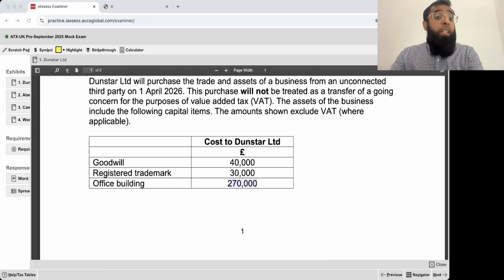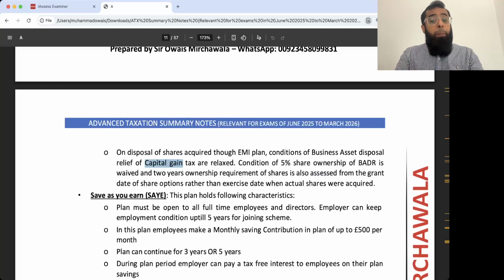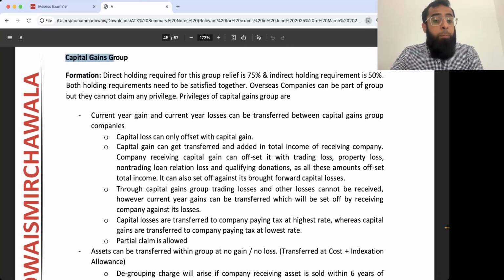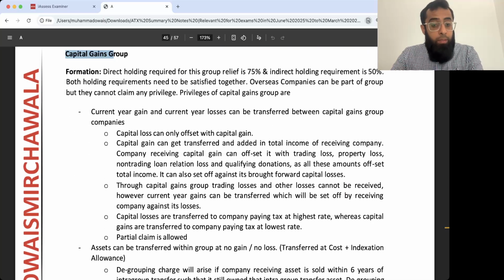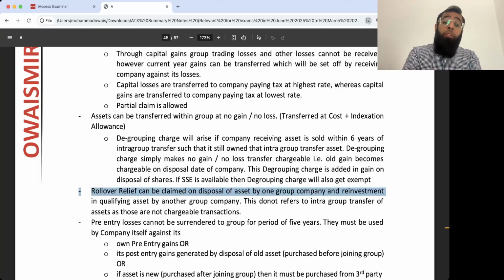So rollover relief, if you remember, is only possible when we talk about a capital gains group. In a capital gains group, this privilege number 3: rollover relief can be claimed on disposal of assets by one group company and reinvestment in qualifying assets by another group company.